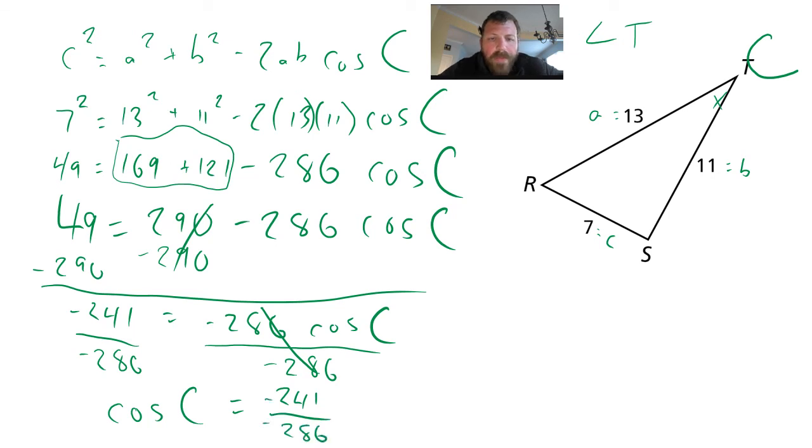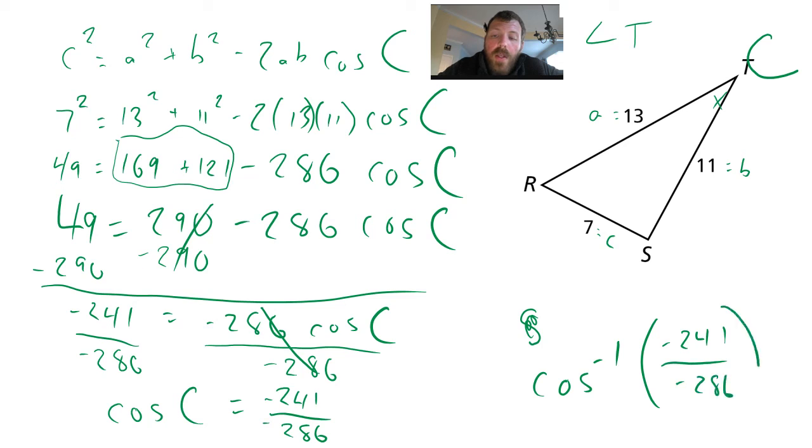Both negative, right? Okay. Now, since we're looking for an angle, you have to know that to get rid of this C, we have to do the inverse. So the inverse cosine of negative 241 over negative 286 is going to be equal to my angle measurement that I'm looking for.